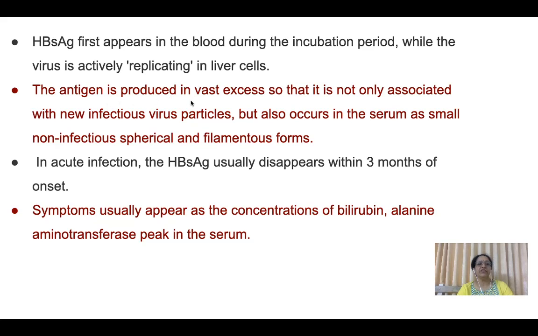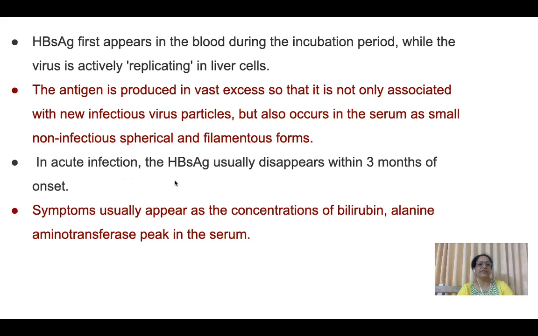The antigen is produced in vast excess so that it is not only associated with new infectious virus particles but also occurs in the serum as non-infectious spherical and filamentous forms. So if the tubular form, filamentous form, or spherical Dane particles are present in the patient's blood, it also indicates that the patient is suffering from hepatitis B.